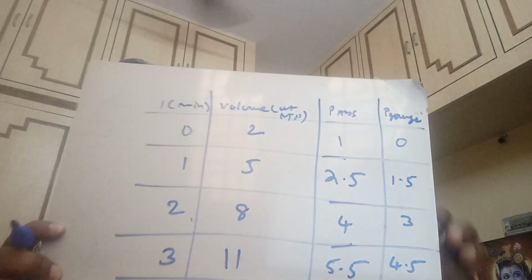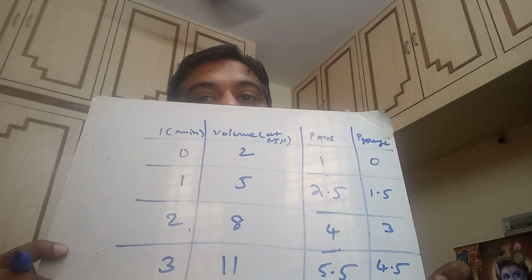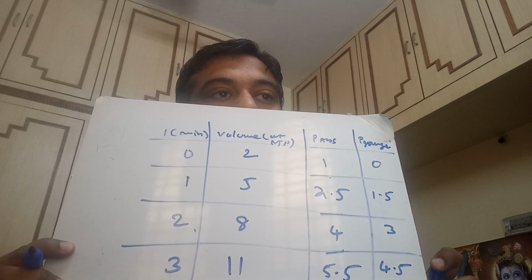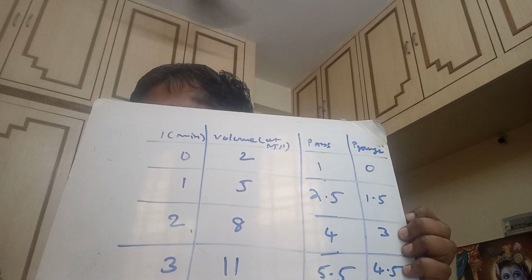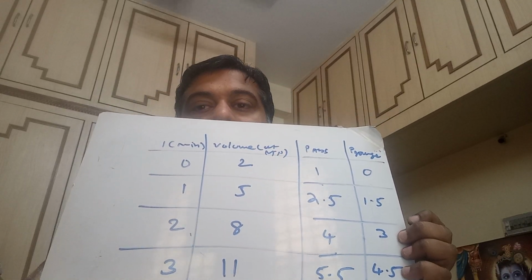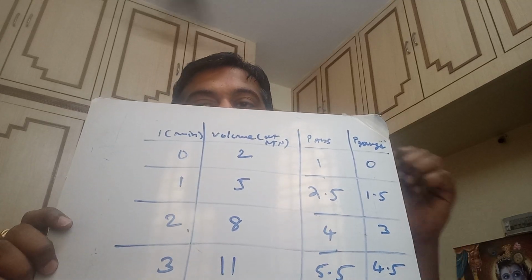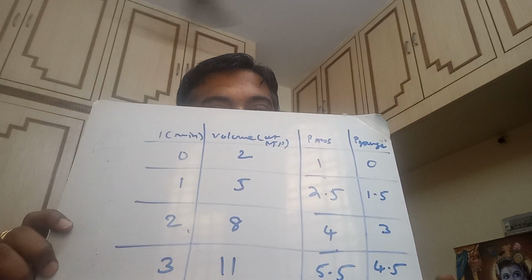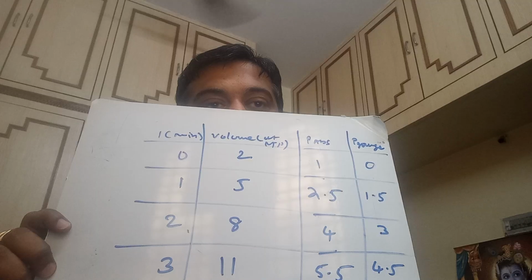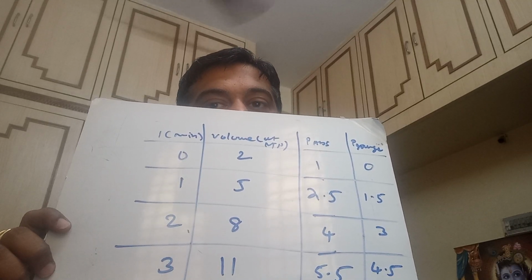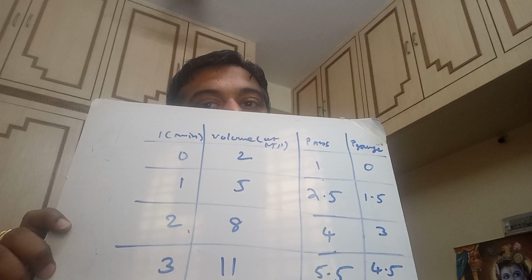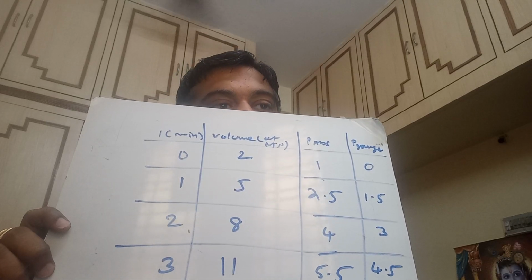This is how you get the volume with this type of arrangement, the piston cylinder arrangement, and the pressure rise. So for 1 minute, what is the volume at NTP, P absolute, and then P gauge: 0, 1.5.